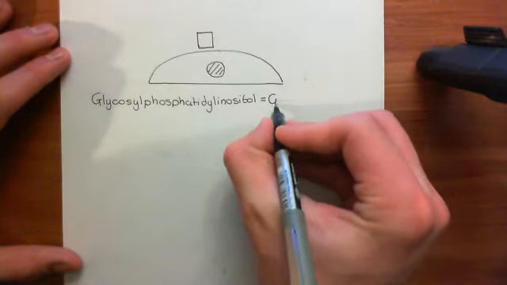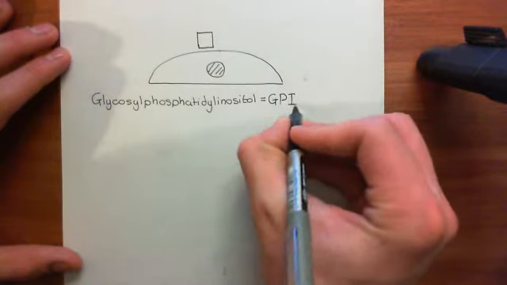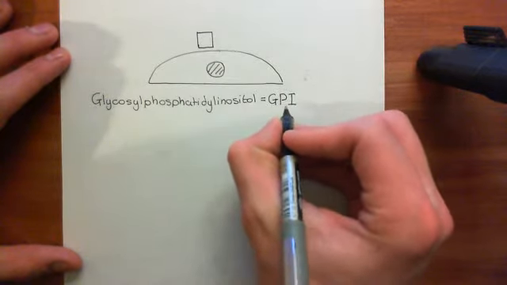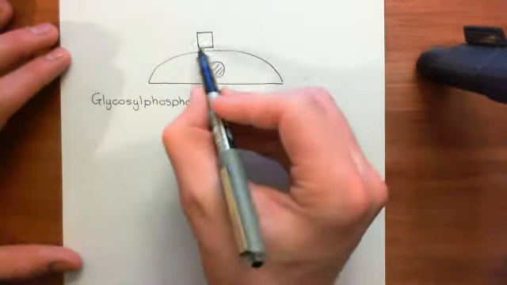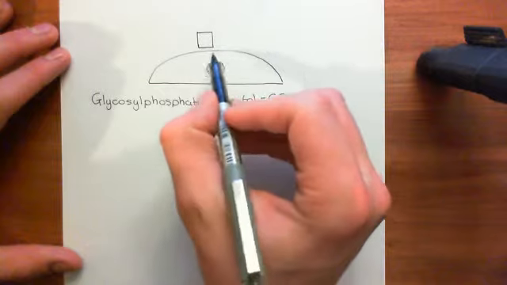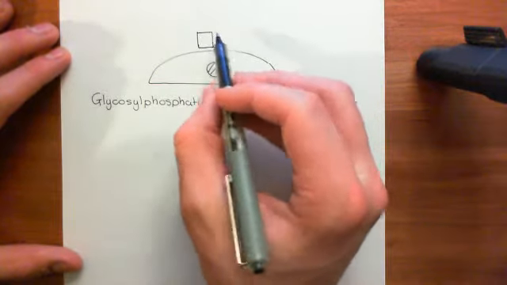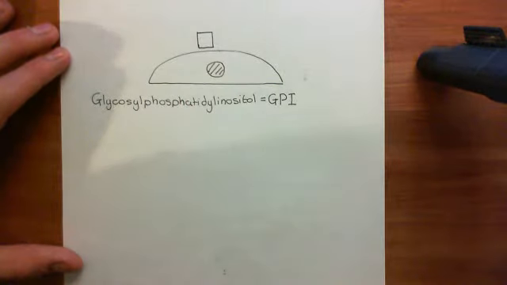By the way, glycosyl phosphatidyl inositol groups are often abbreviated to GPI, and they're a common group that you can add on to proteins and which will allow them to be attached onto the outer surface of cell membranes, like indeed this protein is going to be. We'll come back to the name of this protein once we've discussed what glycosyl phosphatidyl inositol is.